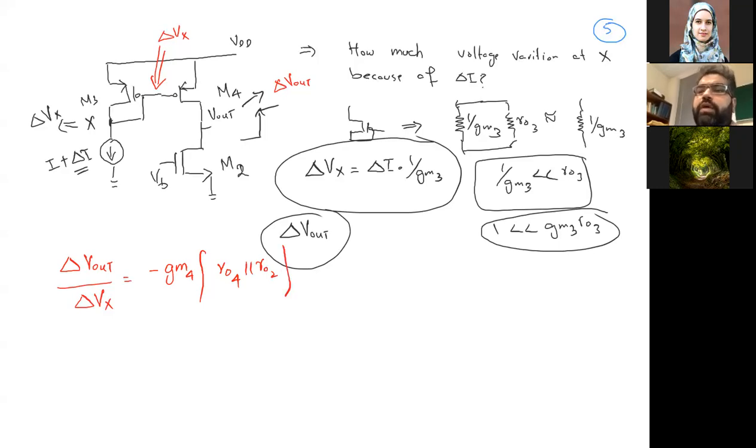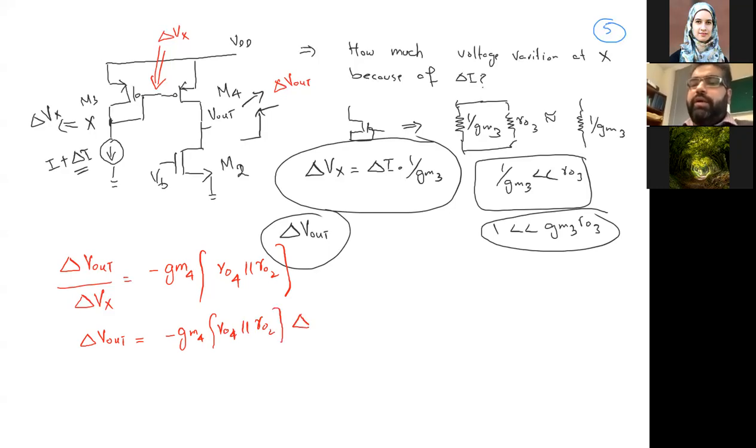But what we are interested in is the small delta I variation to delta Vx. So delta V out will be equal to minus GM4 times RO4 in parallel with RO2 times delta Vx.